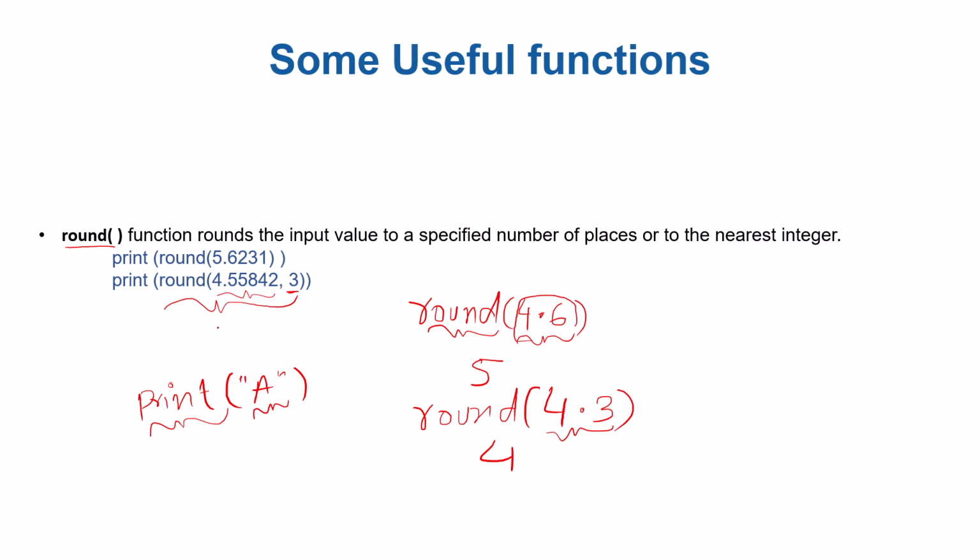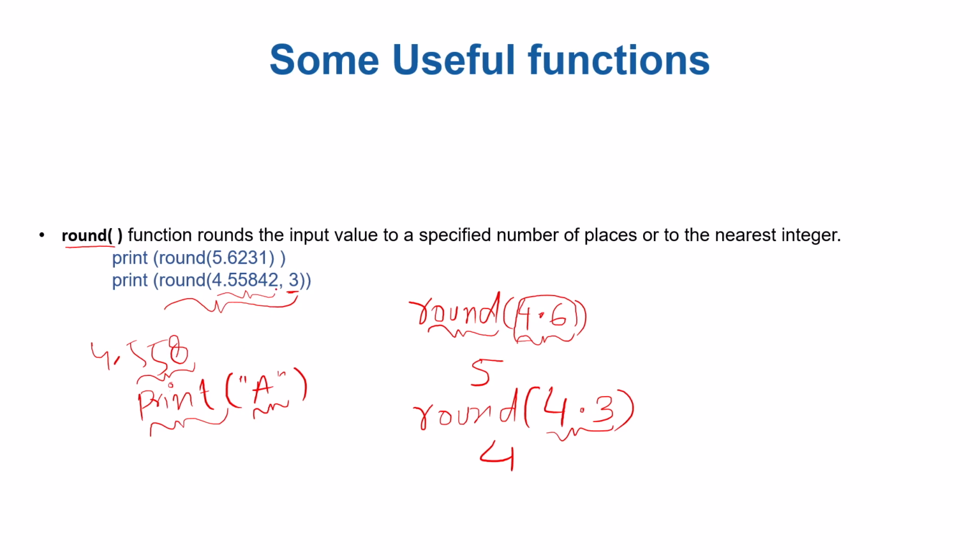For example, this 4.558, and then 8 will be rounded based on its next value. If the next value is larger than 5, then 8 will go to 9 and stop. If the next value is smaller than 5, then 8 will stay as 8, and the result will be 3 decimal places after this.